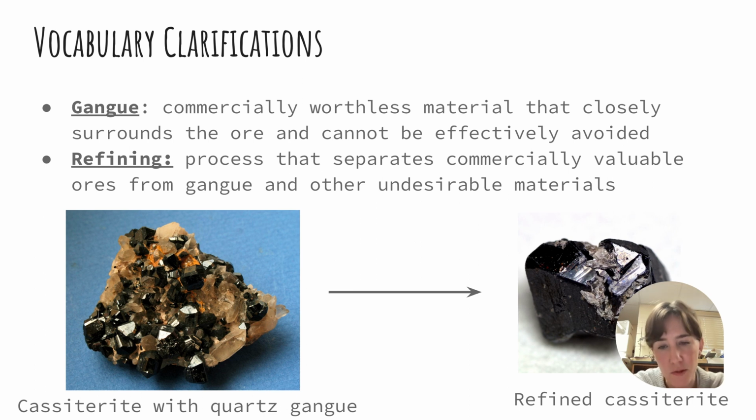That is the gangue, and specifically in this instance, the gangue is comprised of quartz crystals. To get the ore separated from the gangue, it has to be refined. That refining process is usually a combination of mechanical, like crushing and breaking it up, as well as chemical processes. For example, in gold refining, they use cyanide in the process of separating the gold from its gangue.